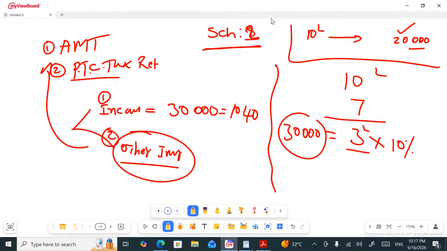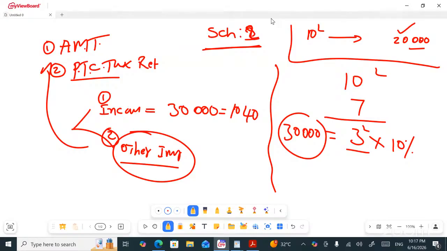But government sometimes felt bad, even though the income is huge, the amount of tax paid is too small. That is the reason an alternative parallel provision is included in the Income Tax Act. That parallel alternative income tax is technically called AMT, alternate minimum tax.